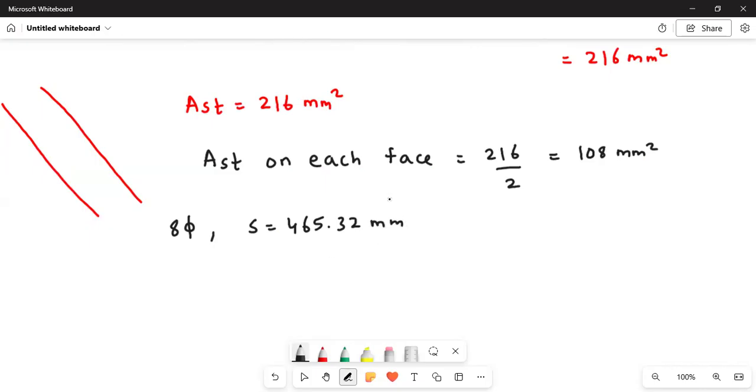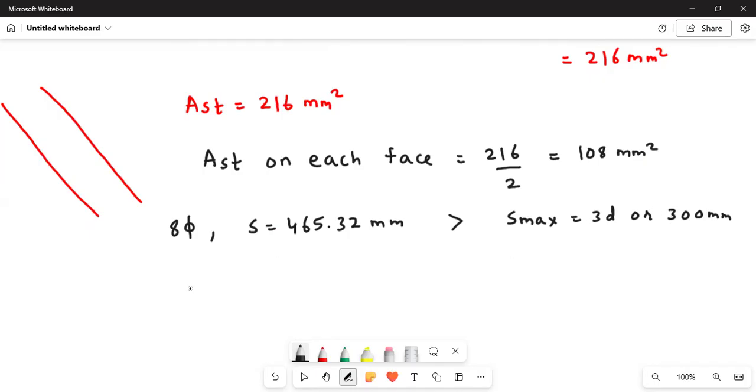But you cannot provide this spacing because the maximum spacing is equal to 3D or 300 mm, whichever is lesser. So the spacing that you're getting is 465.32, which is greater than 300 mm. It means that whatever spacing you have gotten, you cannot provide that spacing. So you need to stick to the maximum spacing that is given by IS 4256.